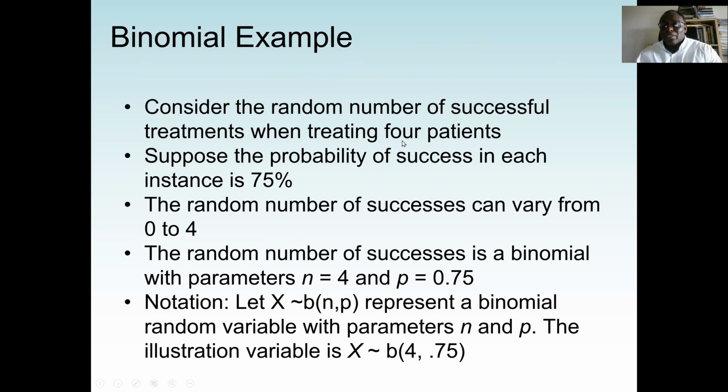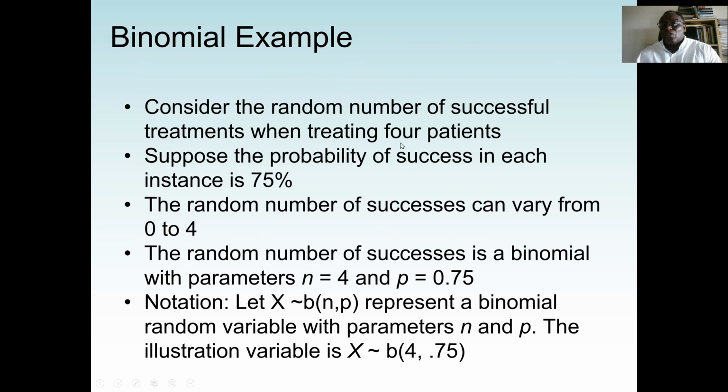In our flight example, we have 20 flights a day, and I was looking for the probability that 3 of them will be in time. Now my possible random variable values will be from what? 0 to 20, because we can have up to 20 flights. Now I cannot say that I have a total of 4 patients and ask what is the probability that 5 patients will be treated successfully?